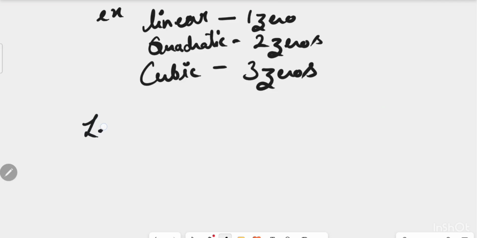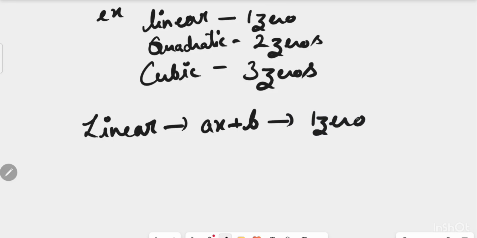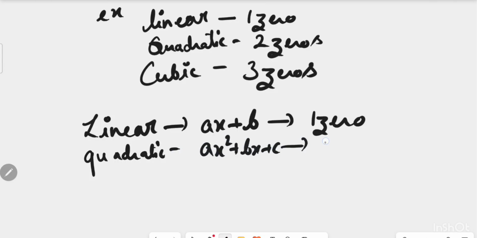Linear: ax plus b. Here, what is the degree of x? 1. So, therefore, 1 zero. Quadratic: ax square plus bx plus c has 2 zeros.